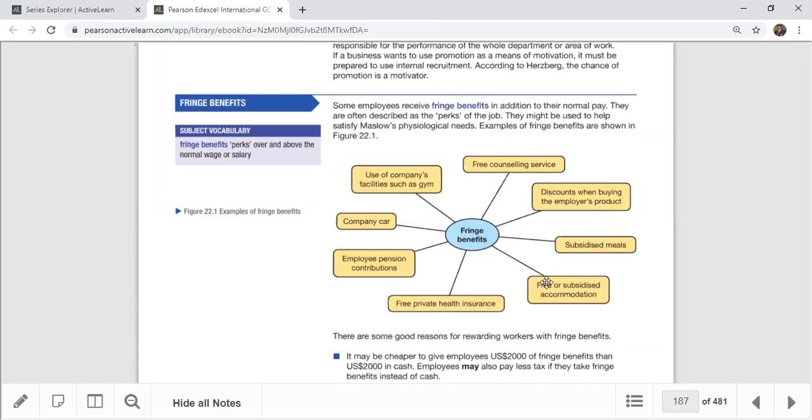Other one is free or subsidized accommodation. It's another example where some organizations provide their staff subsidized or free accommodation. Some workers prefer to locate near the factory, within walking distance.